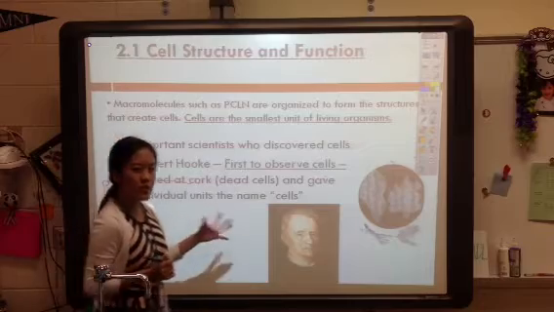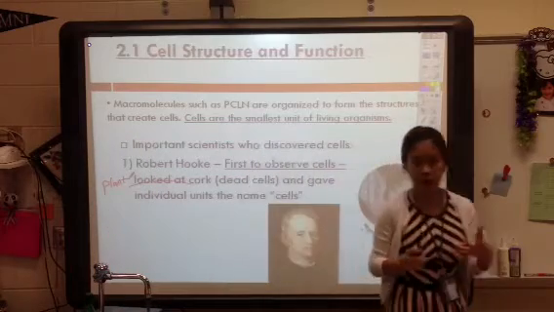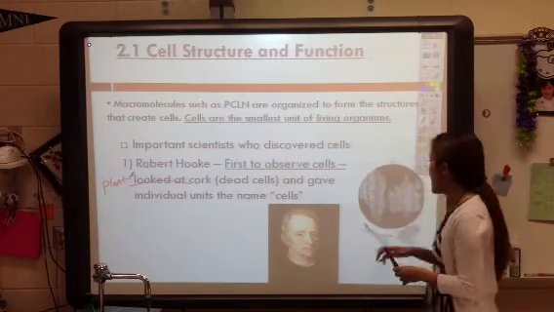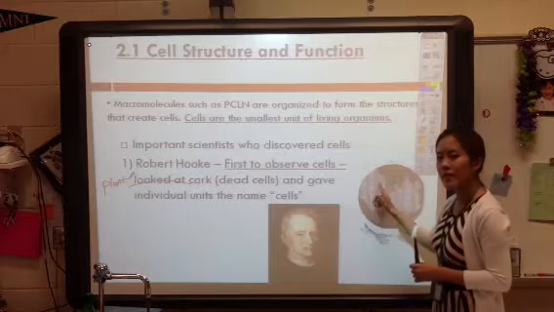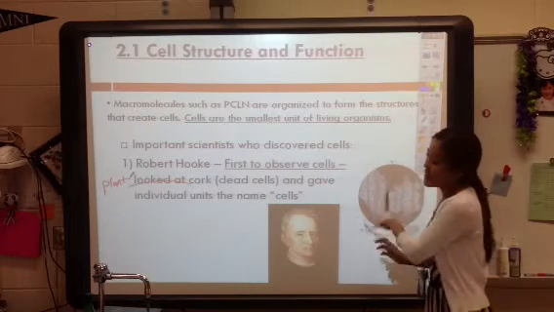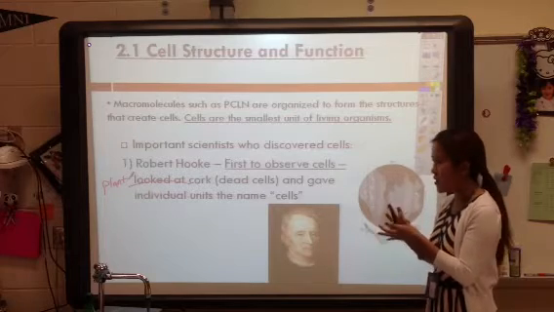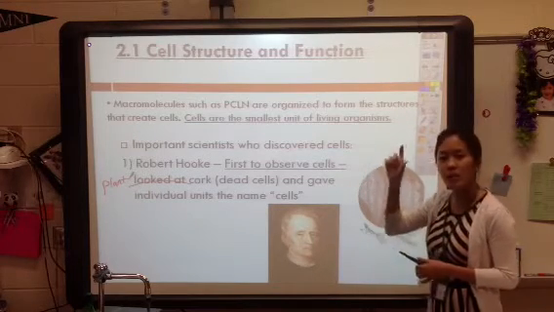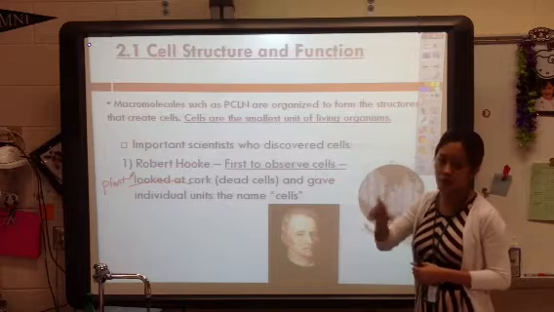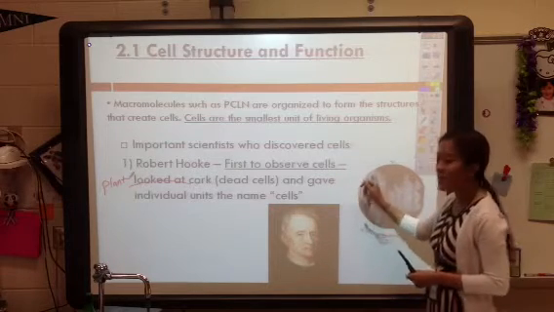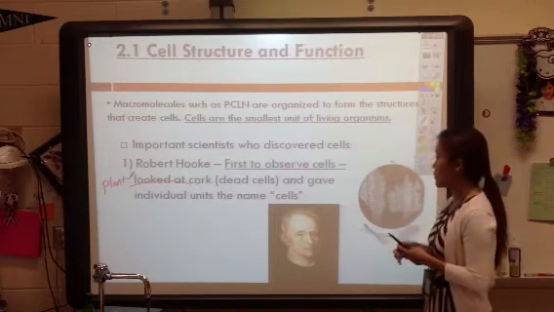And all he was really able to see, because he had a very primitive microscope, is the little outline of the cells themselves. He wasn't able to see anything inside of the cell, but he was able to see those individual shapes. So just think of the cork on top of a vinegar bottle or on top of your parents' wine bottle. It was very similar to that, and that's what he was first able to observe.